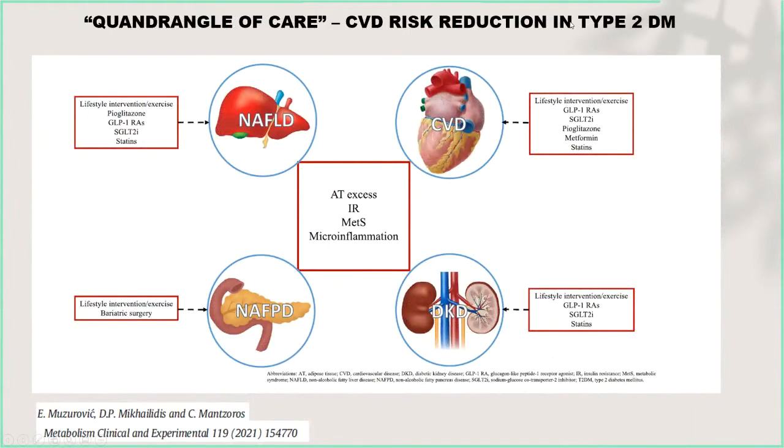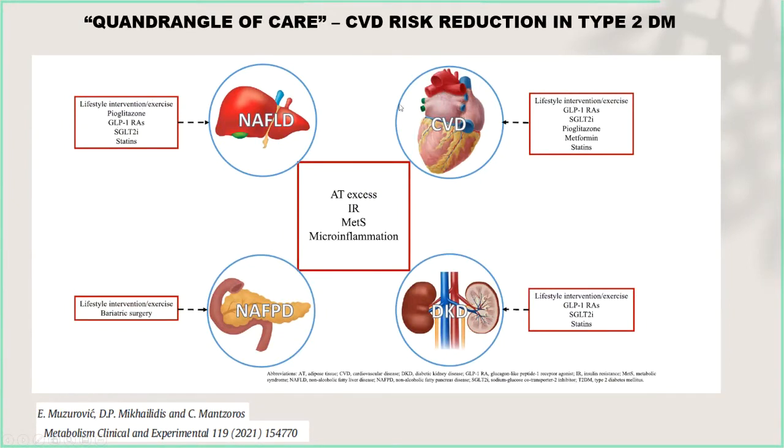So this is the quadrangle of care for patients with type 2 diabetes. One is addressing the issues with NAFLD, of course with cardiovascular disease in general, but directly, then addressing the pancreas and the kidney. And one of the things that I have to highlight is that the one constant is lifestyle modification, which we underrate and don't pay too much attention to.